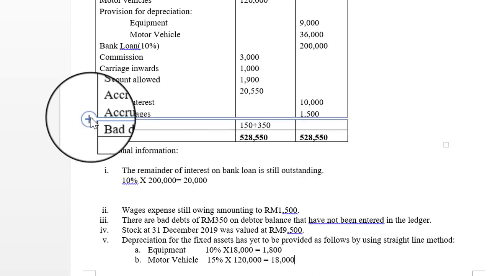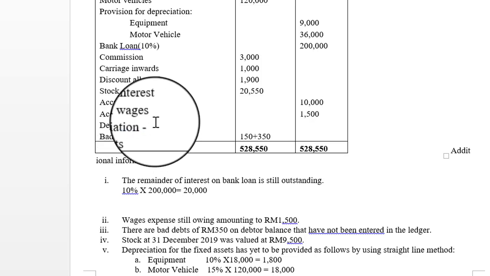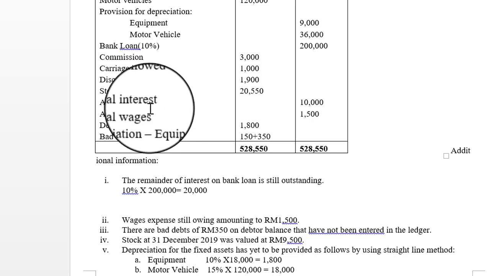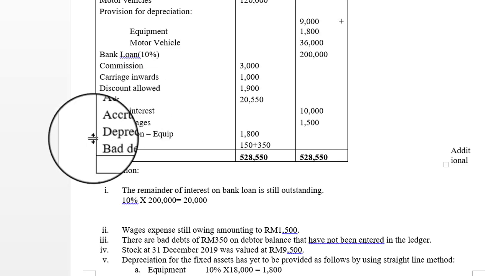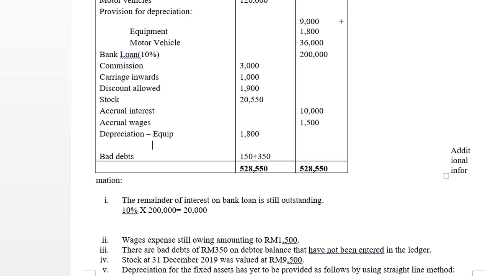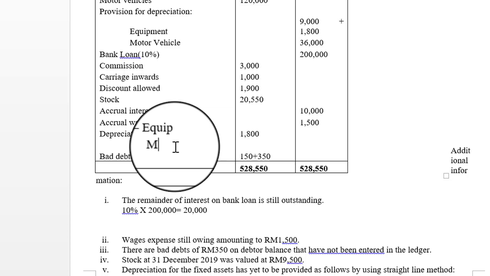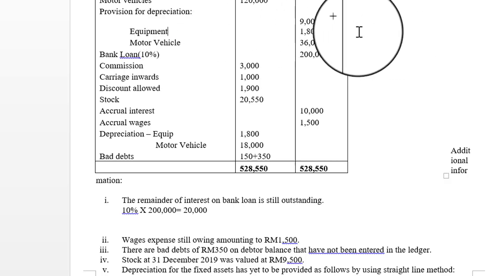Okay, so what should you do? You need to have depreciation expenses. Depreciation for your equipment is an expense, that's why it's on the debit side, and you add to your accumulated depreciation for equipment. Then this is for your motor vehicles, 18,000.